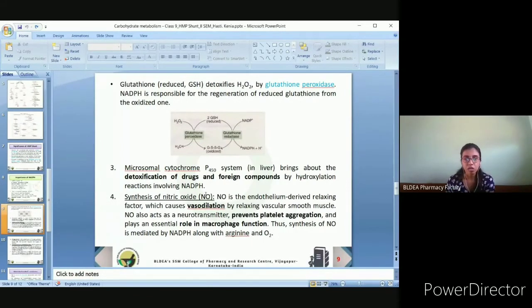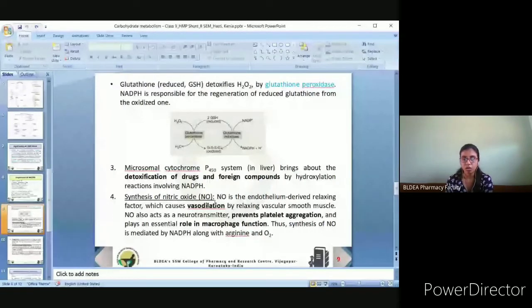If nitric oxide is low in the body, then the veins and arteries will tend to constrict. Under such conditions, the pressure on the heart increases, resulting in either stroke or heart failure, and also increased blood pressure. So nitric oxide concentration is very important in order to maintain vasodilation.